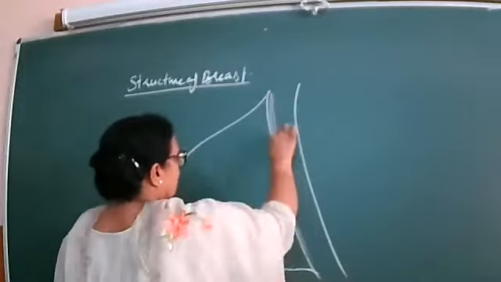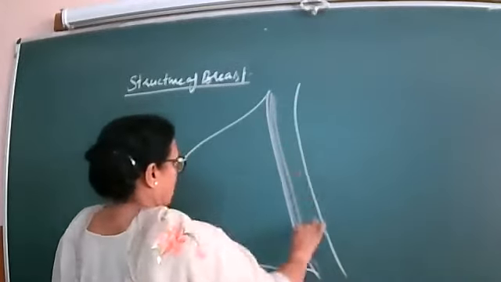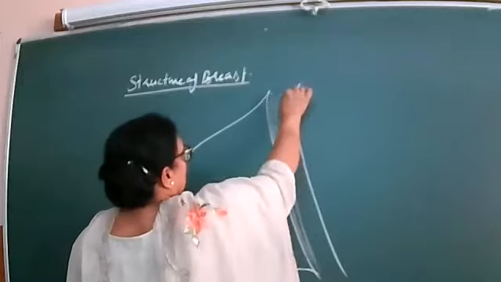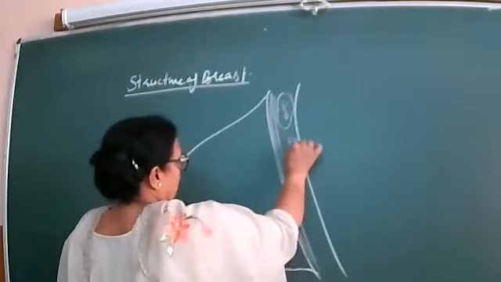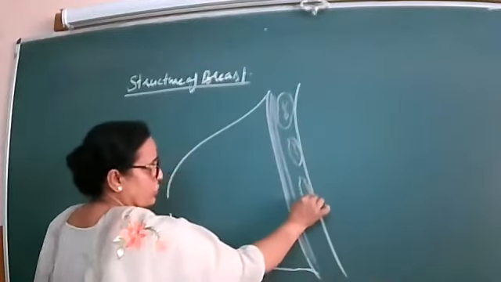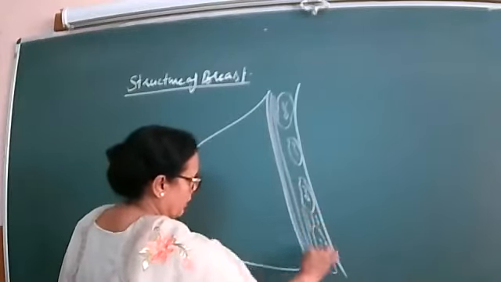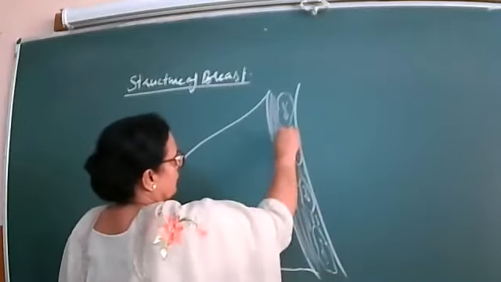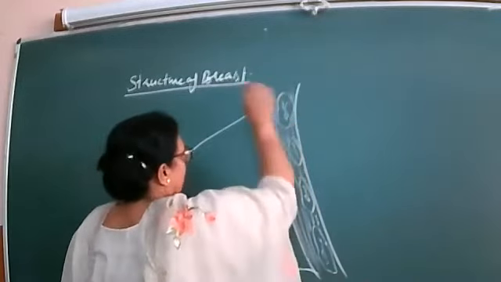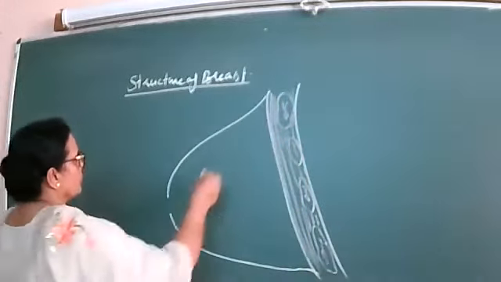So these are the muscles, and this is just diagrammatically showing the presence of the ribs, right? And all these are the muscles, okay?